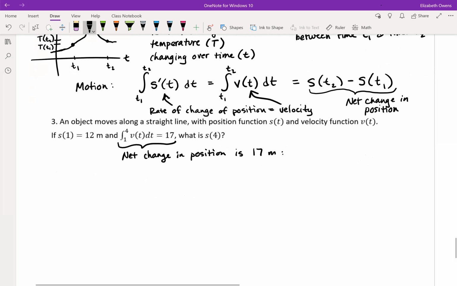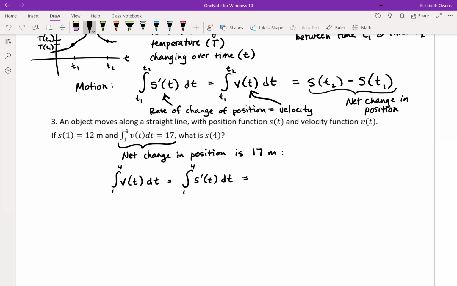All right. So this is showing us that we're integrating from 1 to 4 v of t dt, whatever that function may be. But we know we could also write this as s prime of t because velocity is the derivative of the position function.